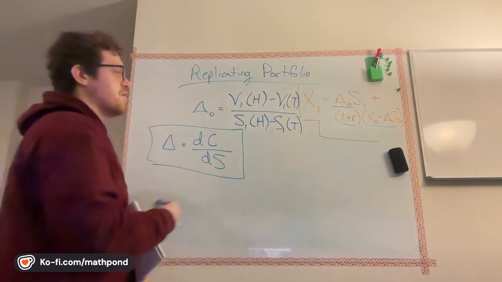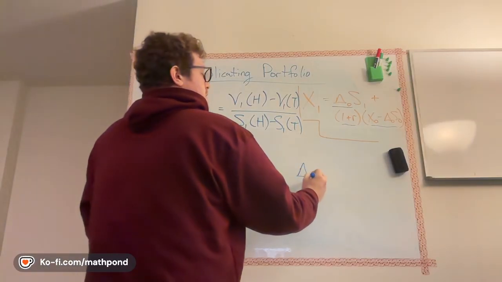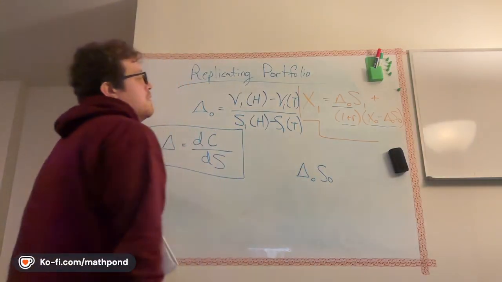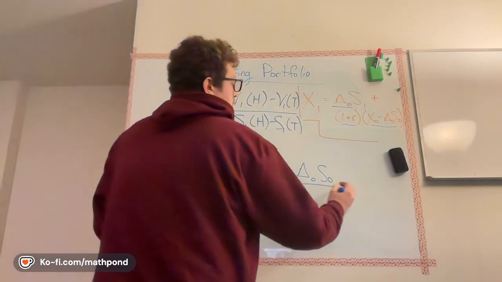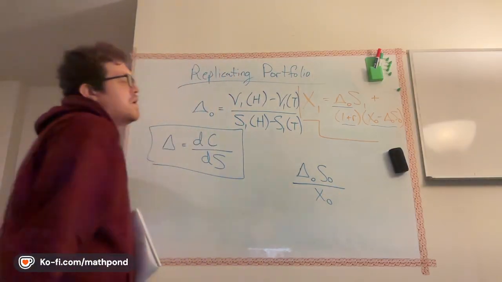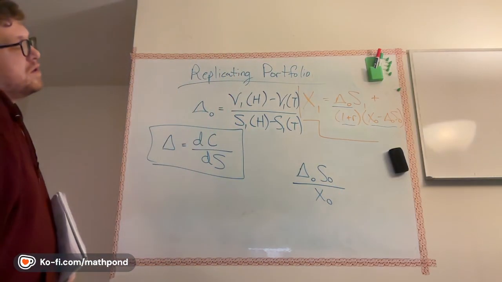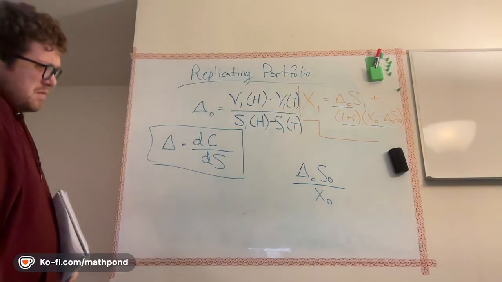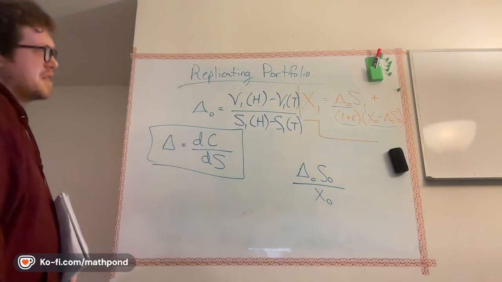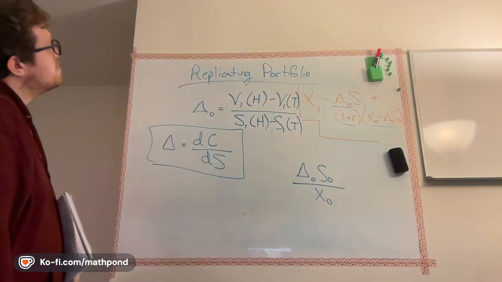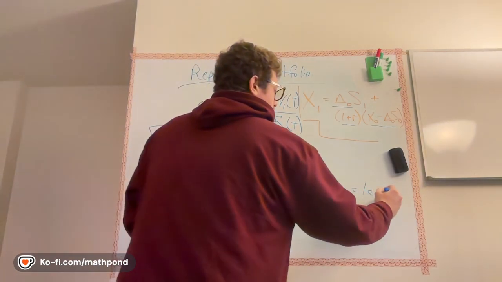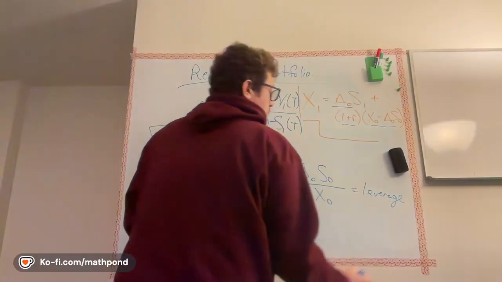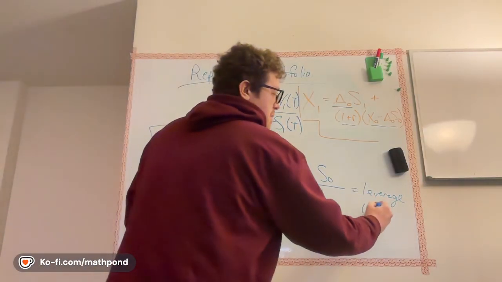So I guess the leverage would be delta 0 S0 over X0. Yeah, I think that's right. So this would be the leverage, or implied leverage. I guess it's like implied, really.